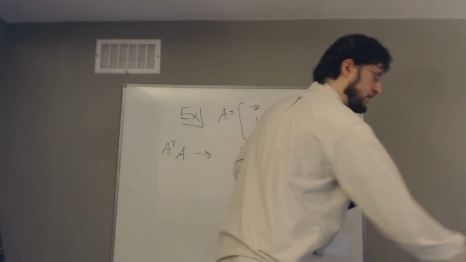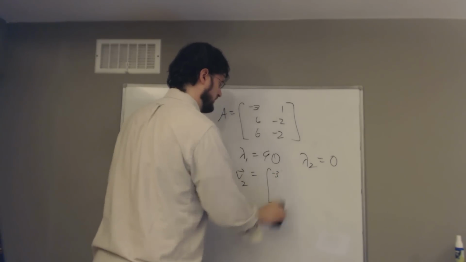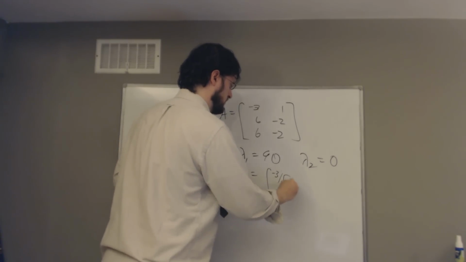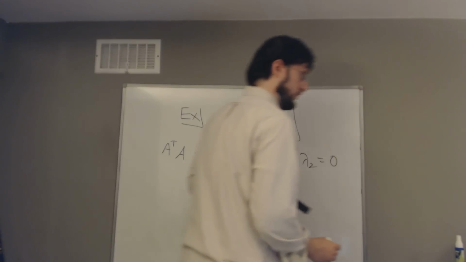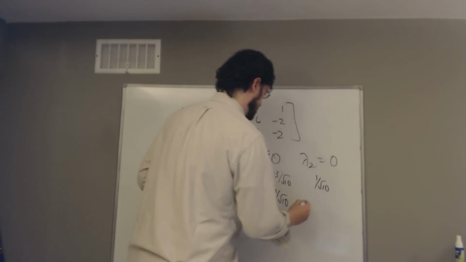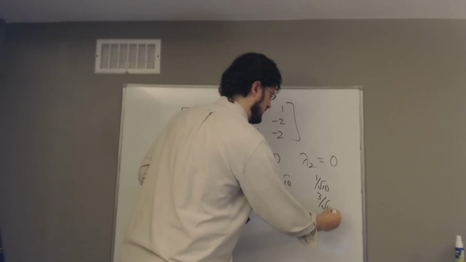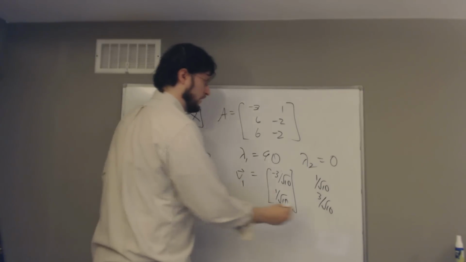The eigenvectors are negative 3 over root 10, 1 over root 10, 1 over root 10, and 3 over root 10. So that's V1 and V2.